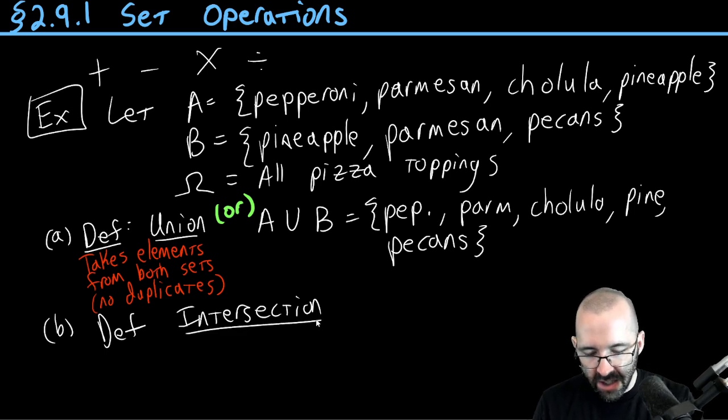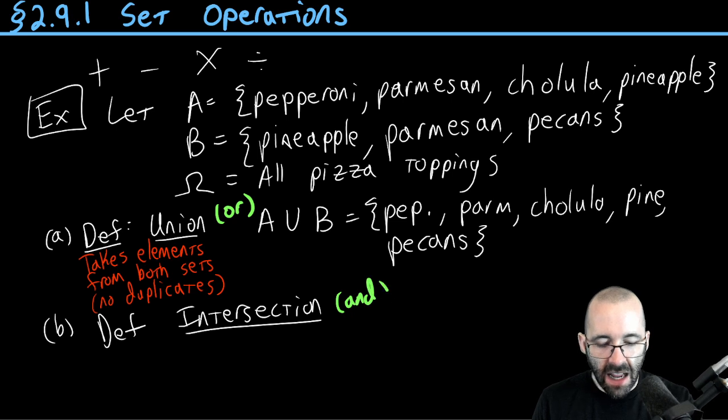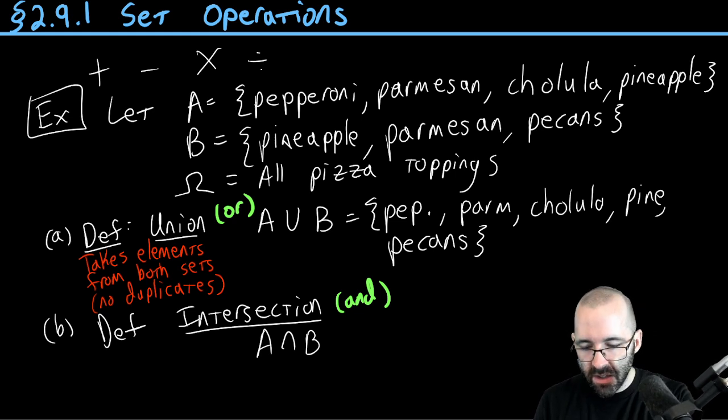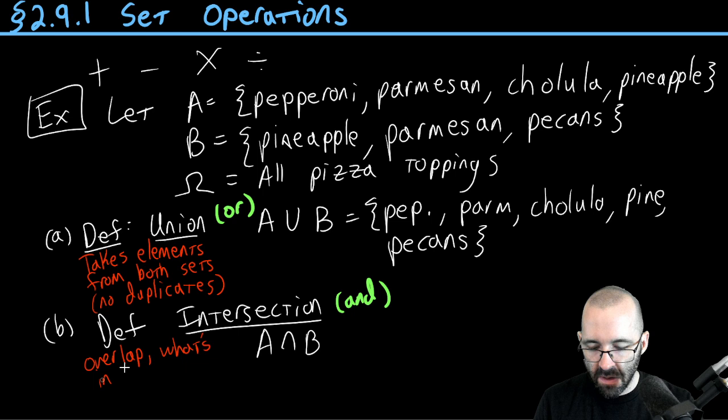All right, but intersection, that's like the word and. What is in the first set and the other set? So here, what's their overlap? Okay, so you can have intersection as overlap as well. It's the overlap, it's what's in both. This is what's in either.